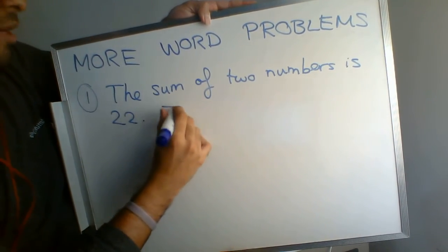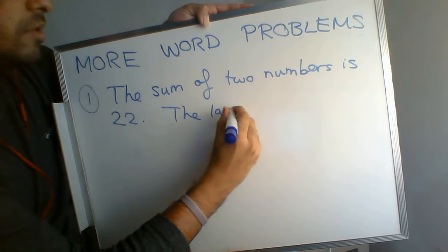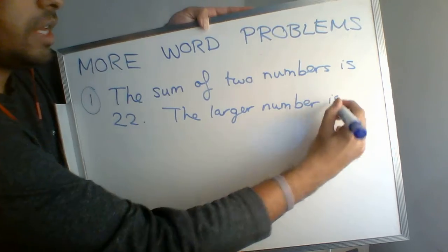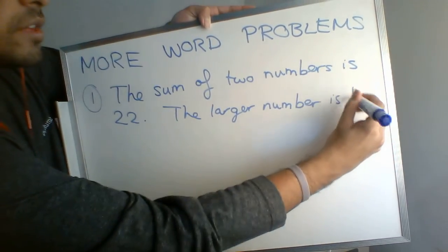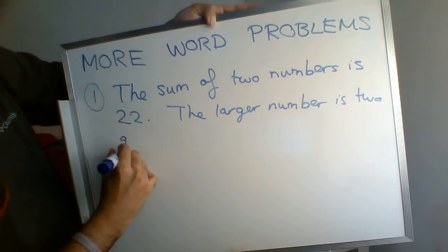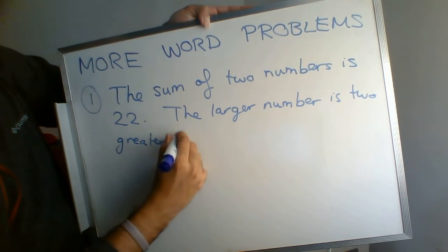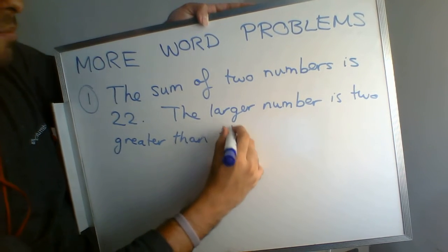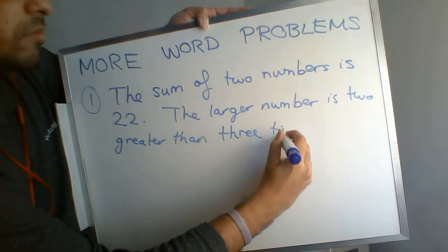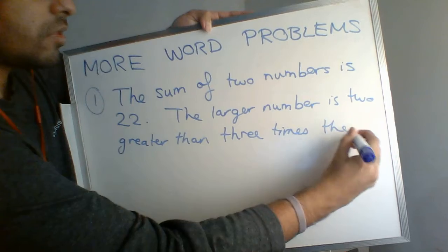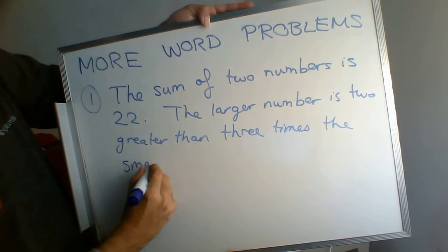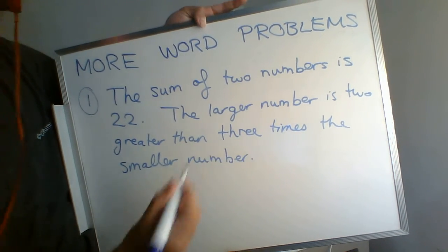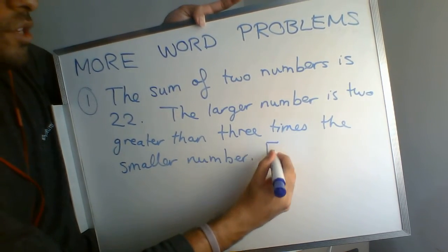The larger number is 2 greater than 3 times the smaller number. Find the numbers.